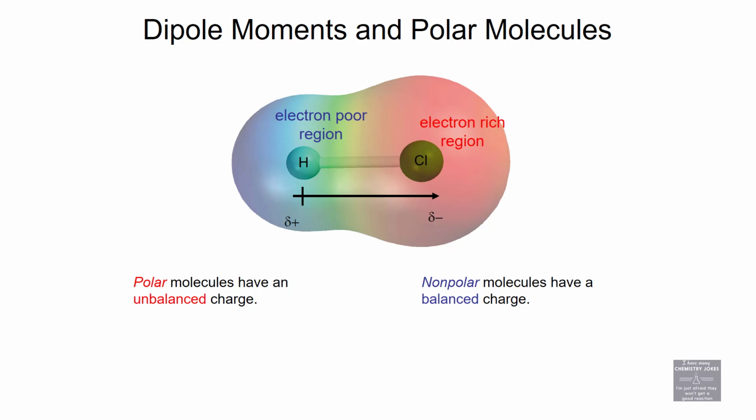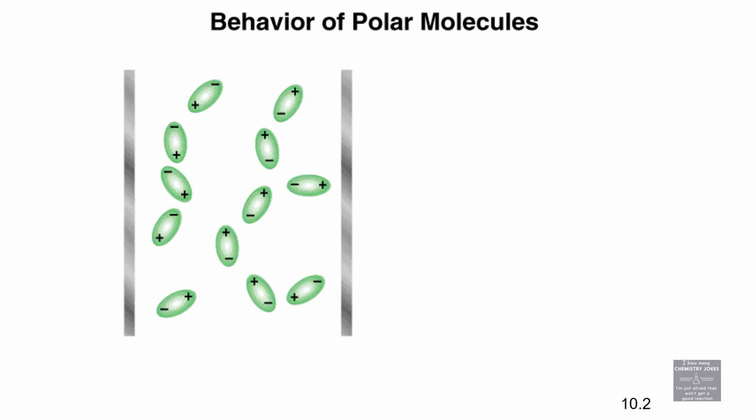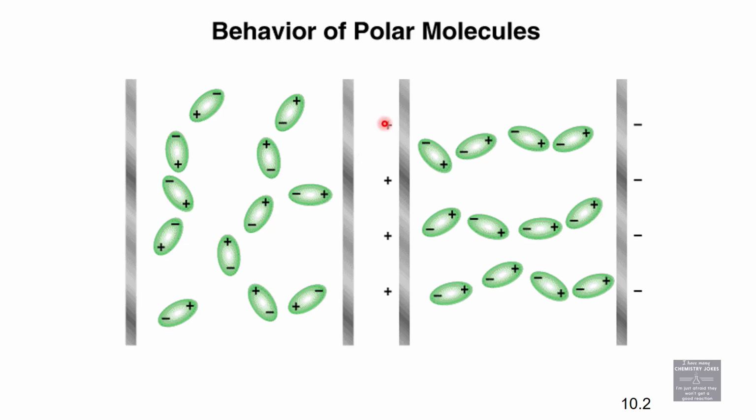Behavior of polar molecules and nonpolar molecules are different. So if we say that we've got a whole bunch of polar molecules, what that means is we've got one end of the molecule that's partial negative, one end of the molecule that's partial positive. In all of these molecules, we have those little partial charges on them. So when you apply a charge to these outside plates, meaning put some plus charge on this plate, my molecules line up accordingly.